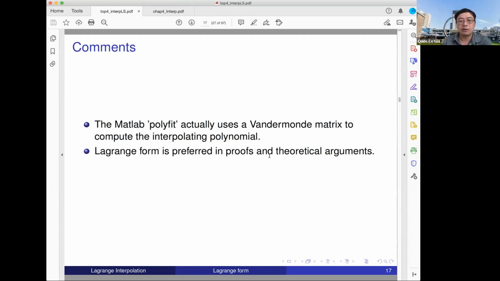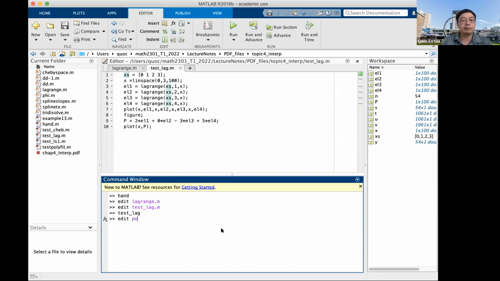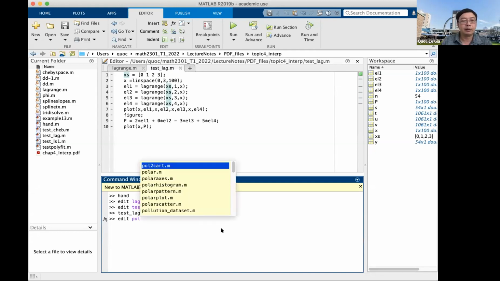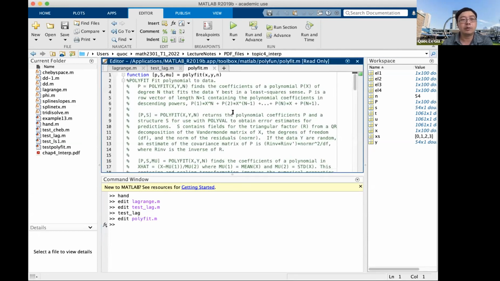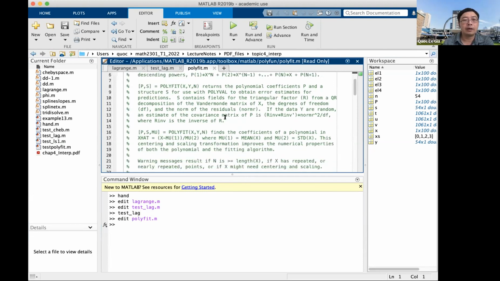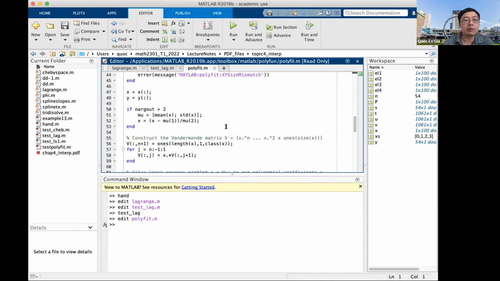Actually you can look it up: if you go to MATLAB and type edit polyfit, you will see that it fits a polynomial to data, and it shows you how to use it, but then you can read it.